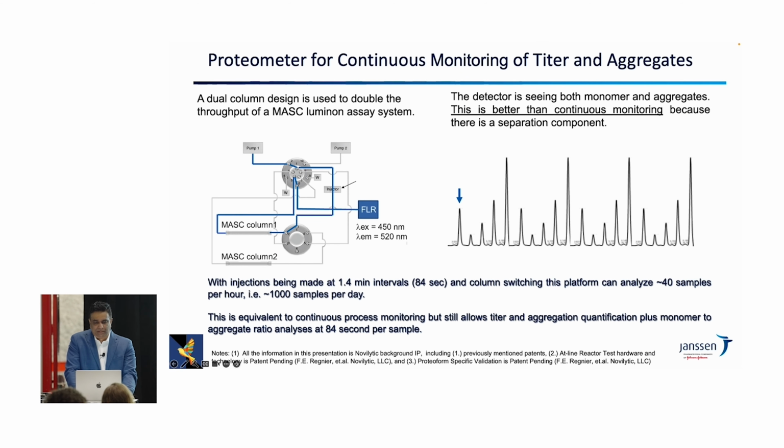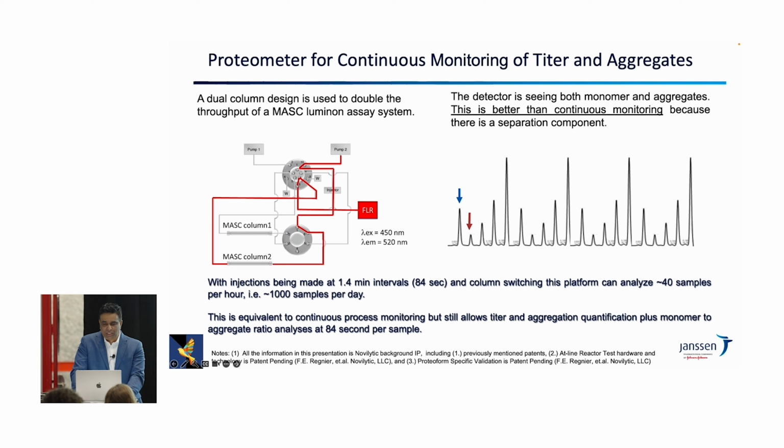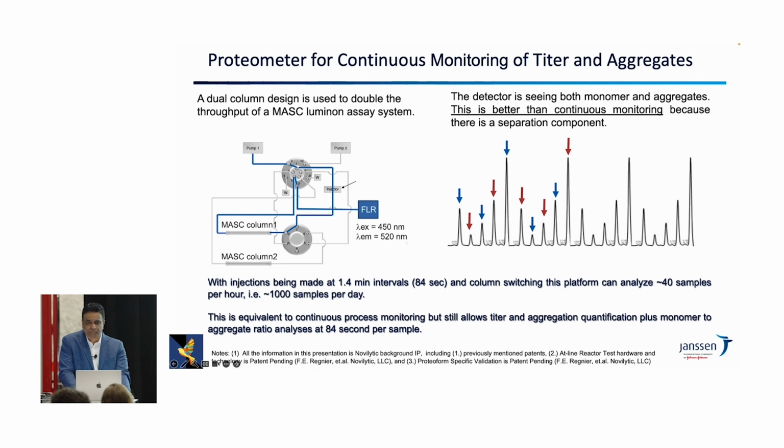So here is a format where we're using 2 pumps and 2 mobile affinity selection chromatography columns to do sequential injections, but we do that in conjunction with column switching. So we do this column switching every 1.4 minutes, and by doing that, we can roughly analyze about 40 samples per hour, which is about 1,000 samples per day.